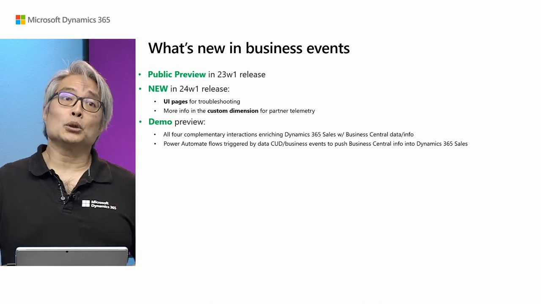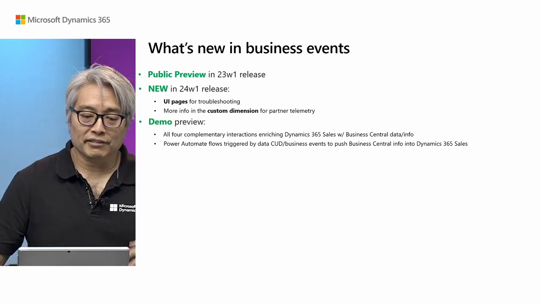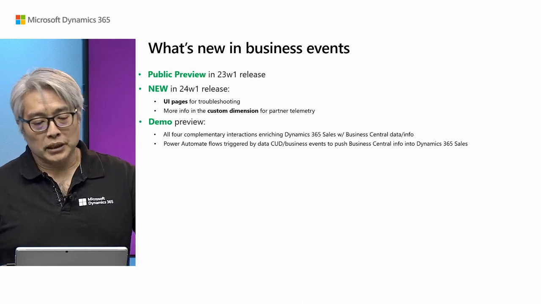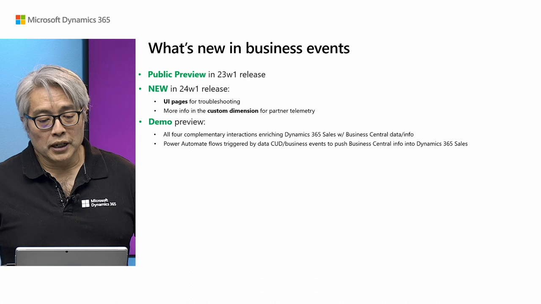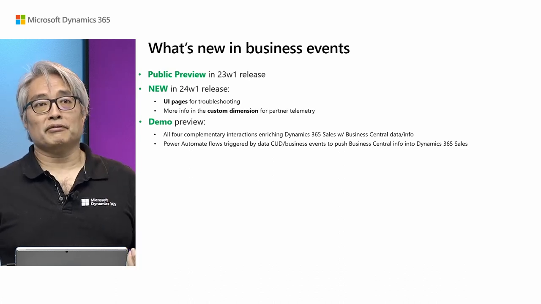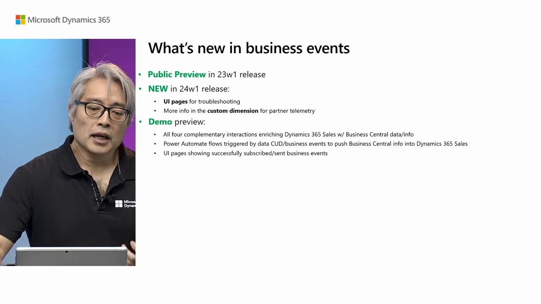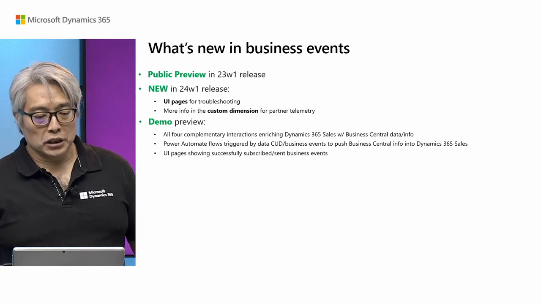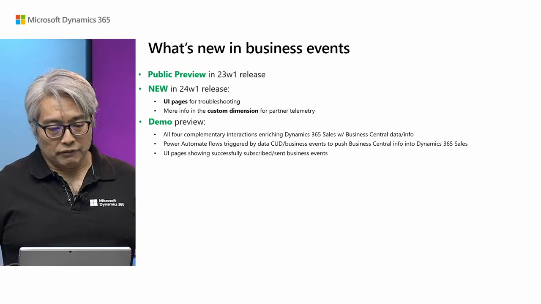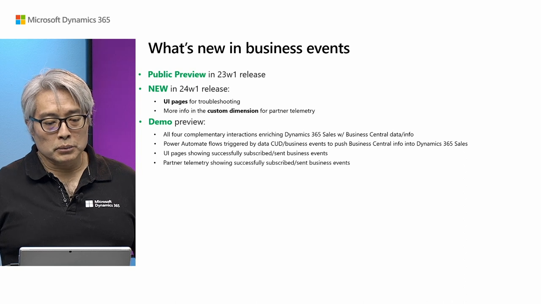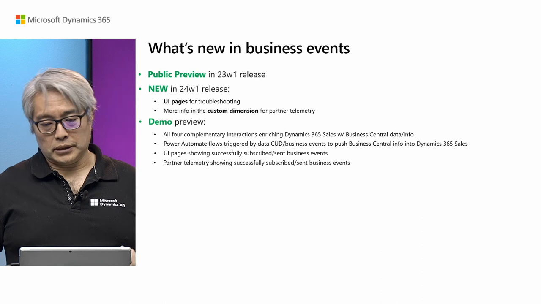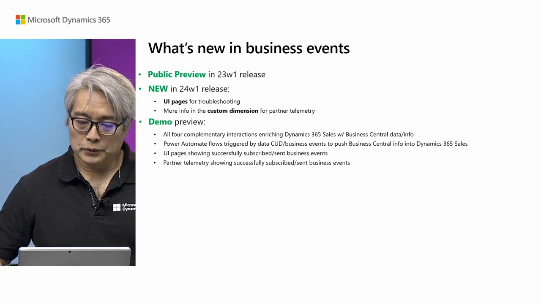I will show Power Automate flows triggered by data cut change, create, update, and delete, and also business events that will push Business Central information into Dynamics 365 Sales. Then I will show the UI pages showing the successfully subscribed and sent business events, and finally the partner telemetry showing the successfully subscribed and sent business events. All right, let's go to the demo.